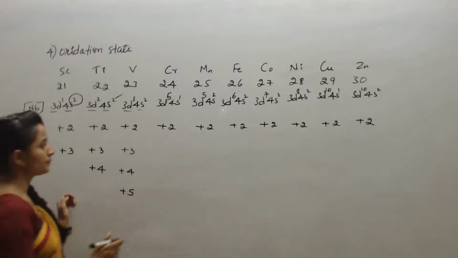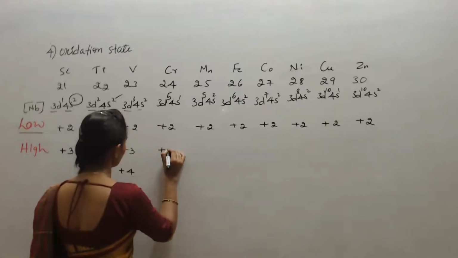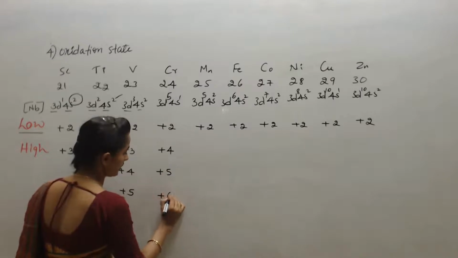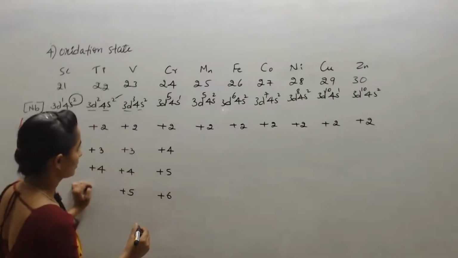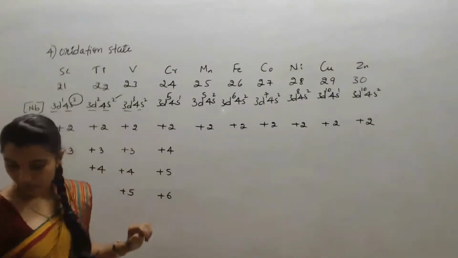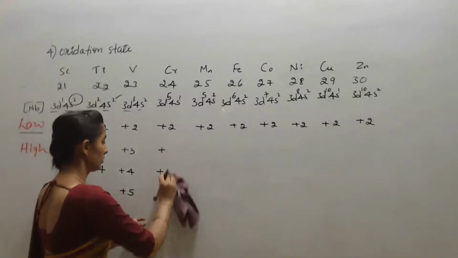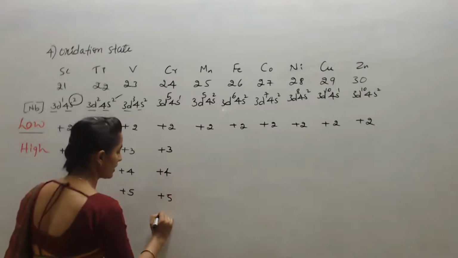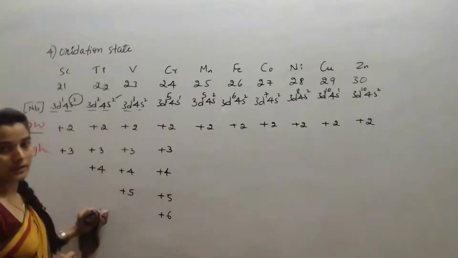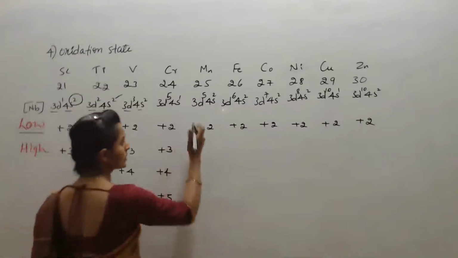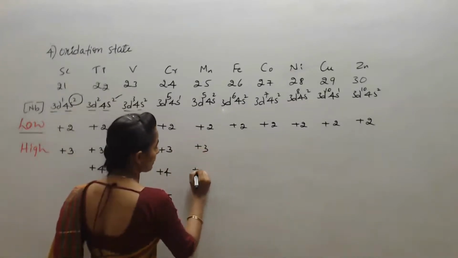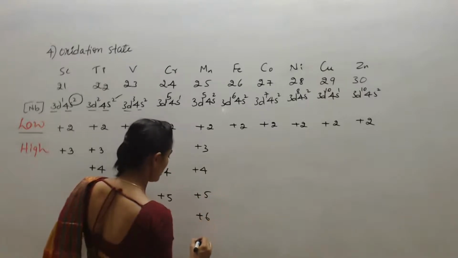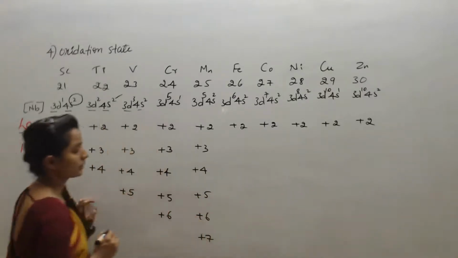Okay, next +4, +5, +6. I forgot to write 3: +3, +4, +5, and +6. Okay. For this, +3, +4, +5, +6, and +7.